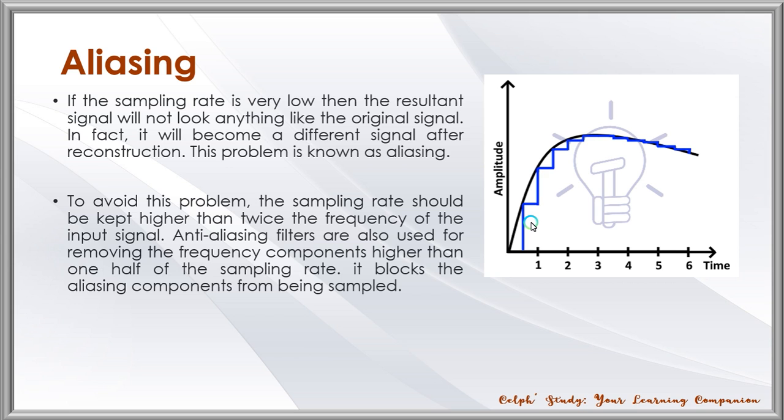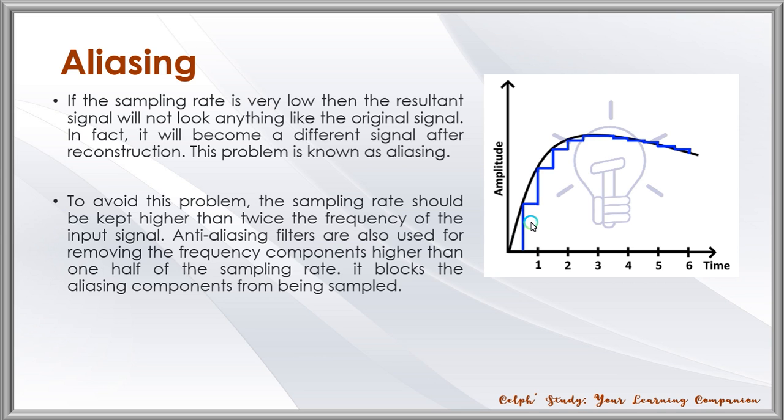reconstruct ang original signal. So para ma-avoid natin ang aliasing, we have to keep higher ang aton nga sampling rate, higher than twice sa aton nga frequency sa input signal. Take note, para ma-avoid ang aliasing, imo dapat sampling rate or fs should be twice or higher than twice ang imo nga original nga input frequency.